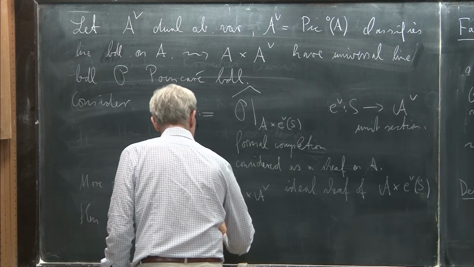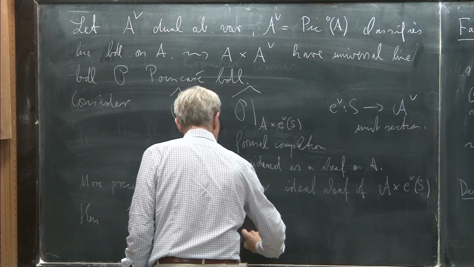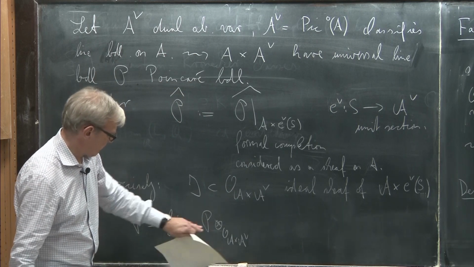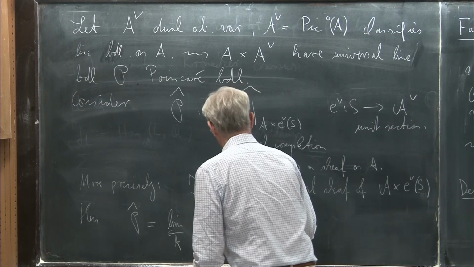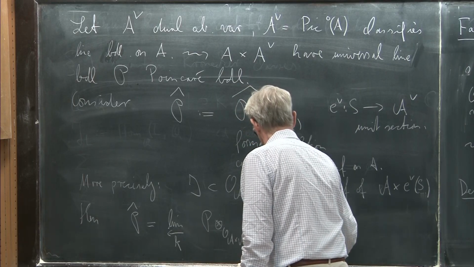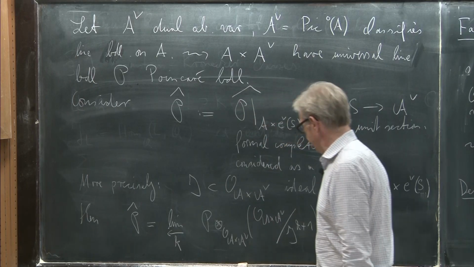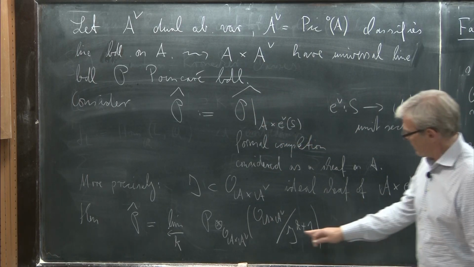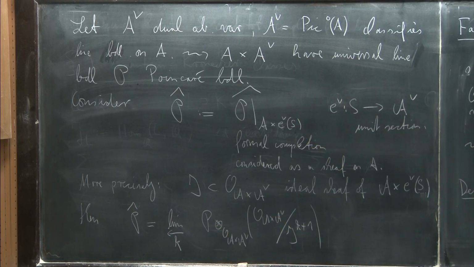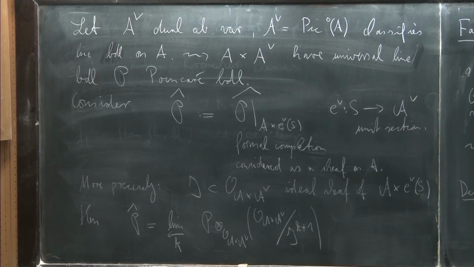We take P and tensor this over the structure sheaf. It's a line bundle, so a complex vector bundle of dimension 1, if you wish. And we tensor this with O_{A times A dual} over J to the K plus 1. And you see, this looks already a little bit like this logarithm sheaf, which we had before. And in fact, it will play the role of this logarithm sheaf here.